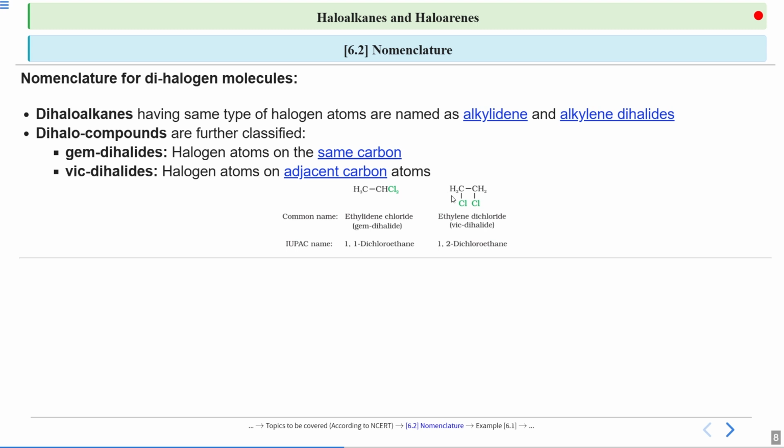But when two halogens are present on adjacent carbons, side by side, the common name will be ethylene, or whatever alkylene group is present, dichloride. This is a vicinal dihalide, and the IUPAC name will be 1,2-dichloroethane, because the first and second position carbons both have chlorine.